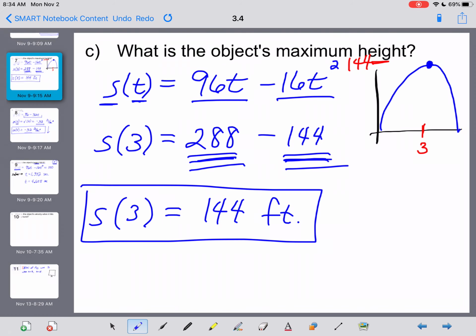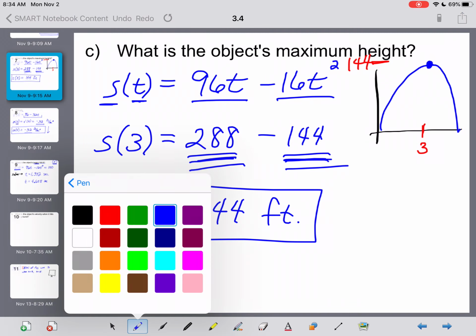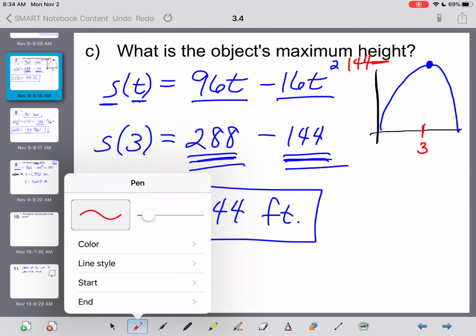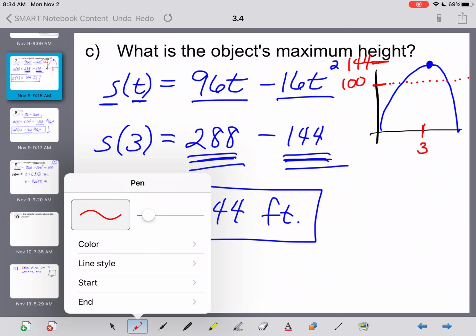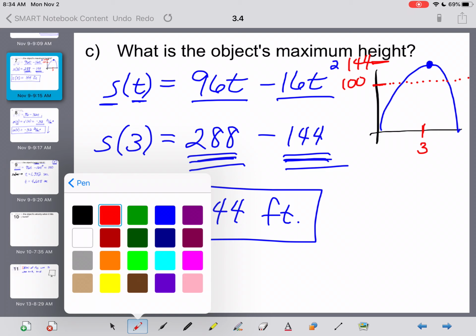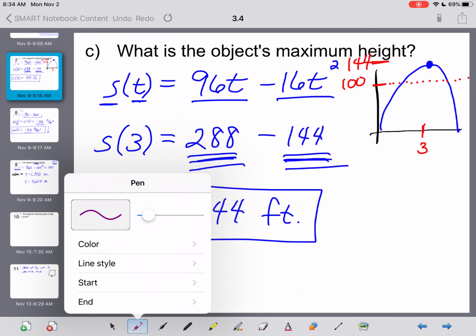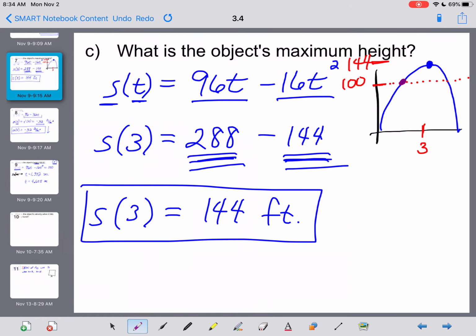Now, does it make sense that we got two answers right here? Well, if we go back to the graph, this object reached a maximum height of 144 feet. So 100 feet would be right about here. And sure enough, if I extended a dotted line over to the right, there are not one, but two spots at which this object reaches a height of 100 feet.